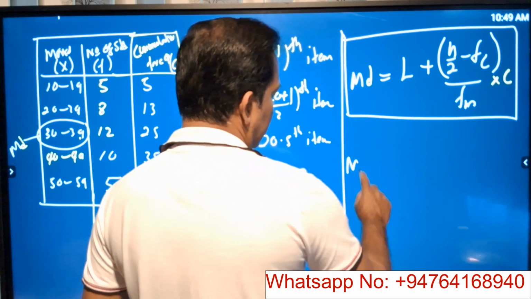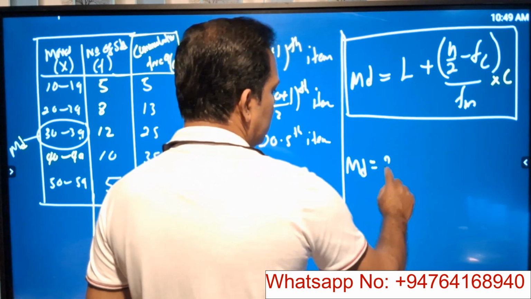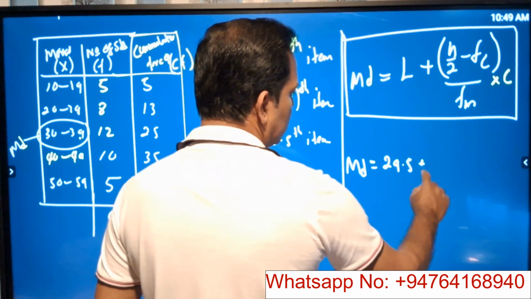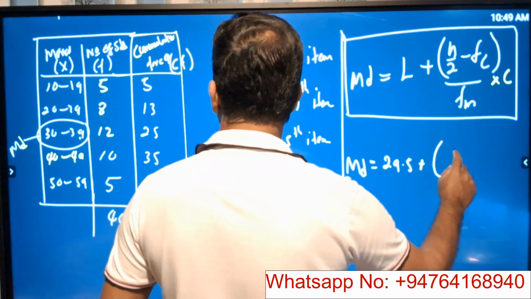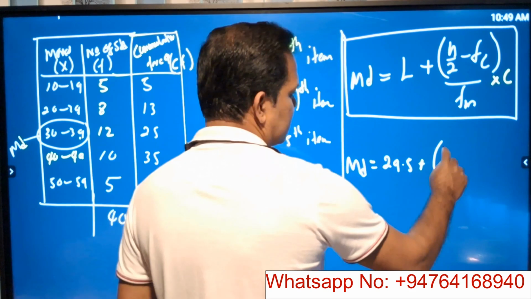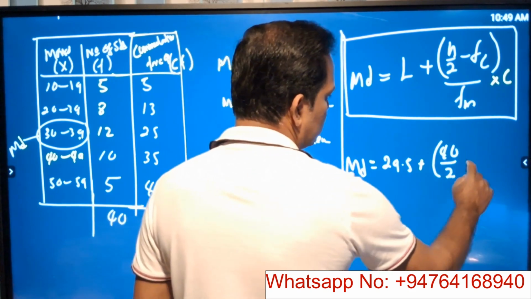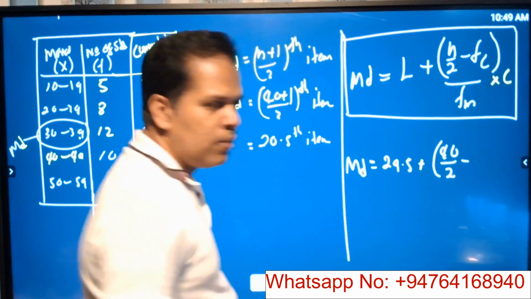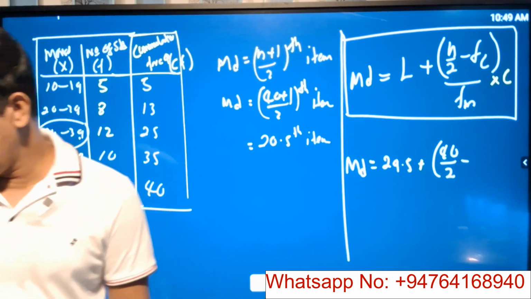Now I can write the median: L is 29.5. And N is the total number of students in this class, 40, divided by 2, minus FC. What is the FC?